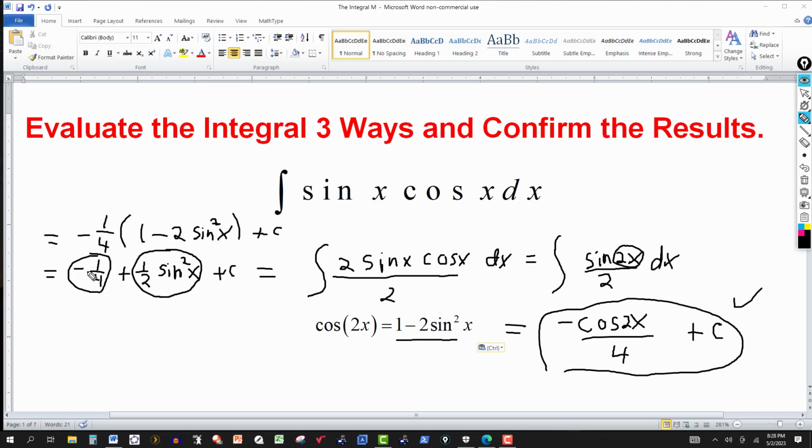But remember, minus 1/4 is just a constant. So I could rewrite this as sine squared x over 2 plus a constant. I'm going to call it k. In other words, I'm taking this constant and putting it with this. So the point is, all the answers are the same.